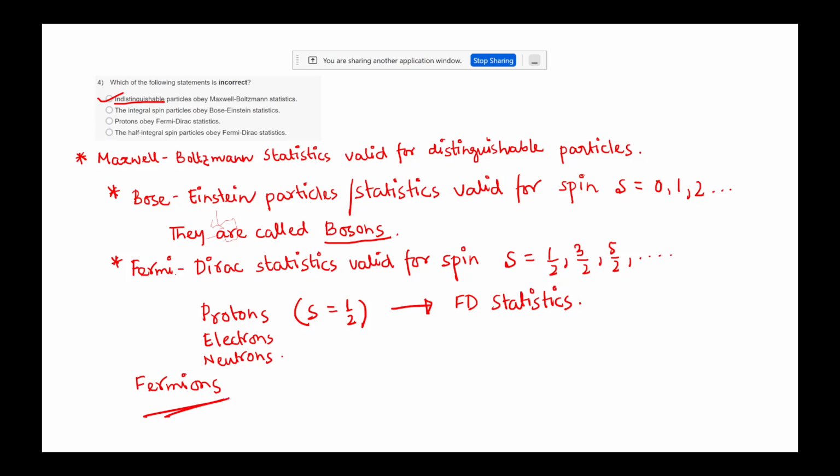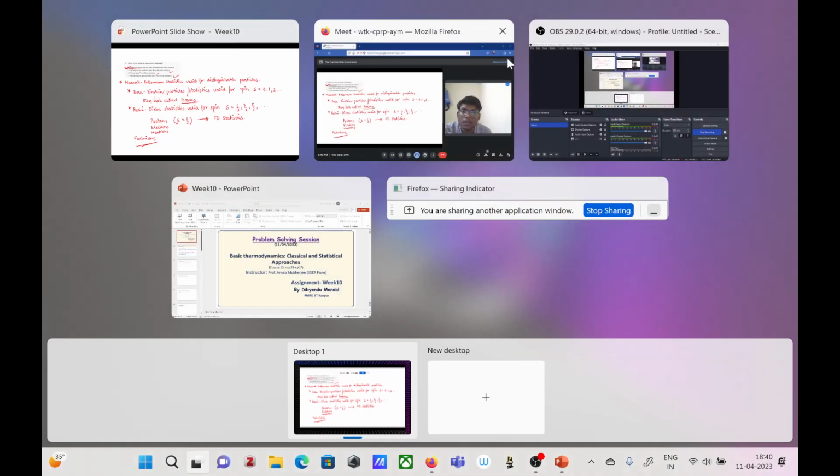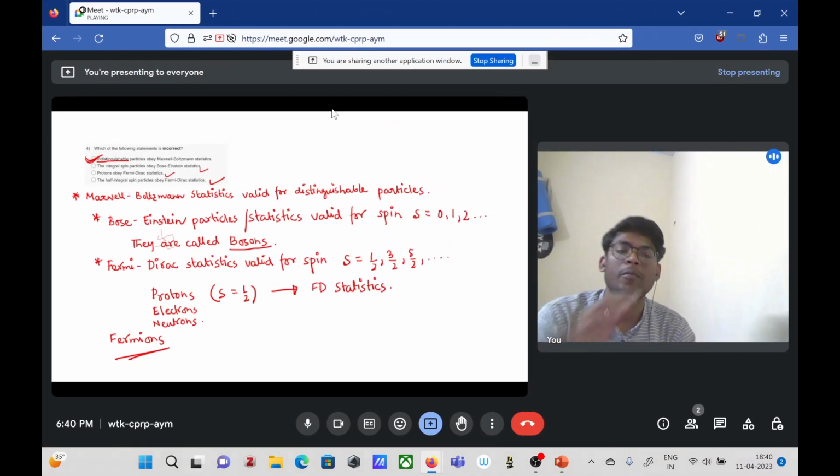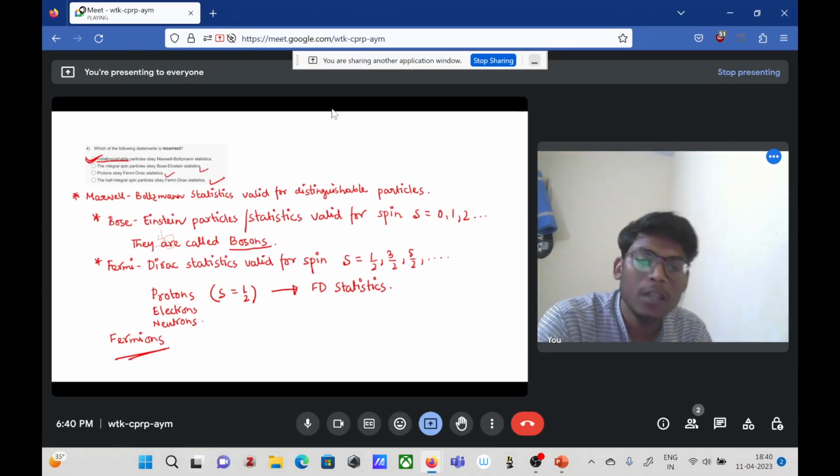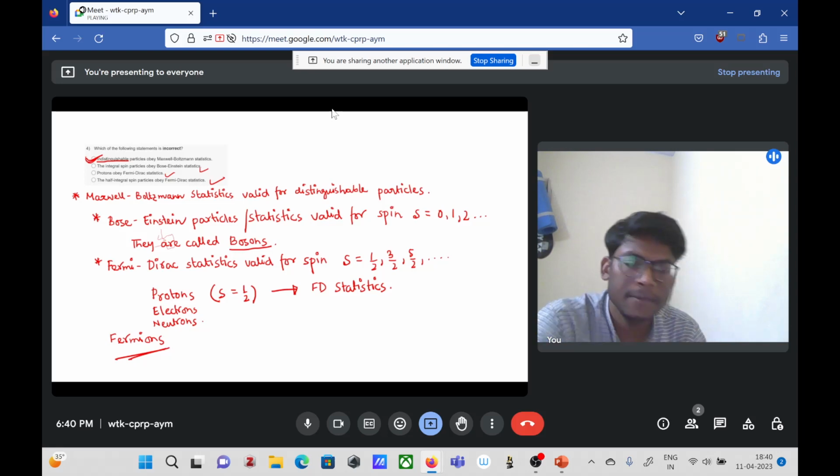So this is also true, this is also true, this is also true. So the first option is incorrect. Okay, is my point clear? It is pretty easy, yeah? Right?